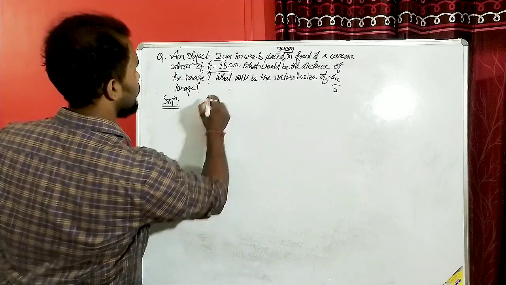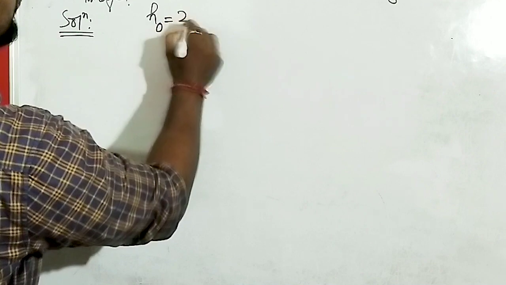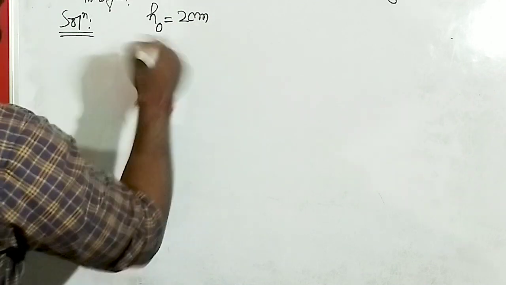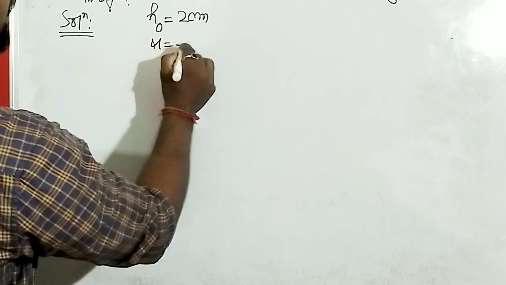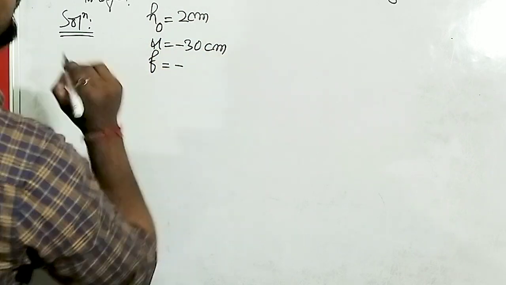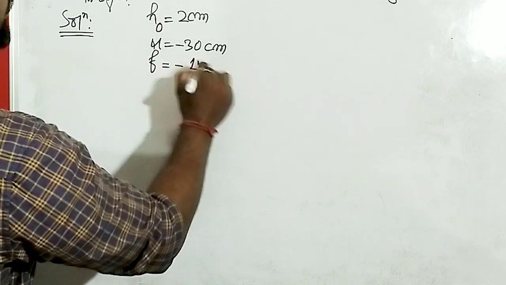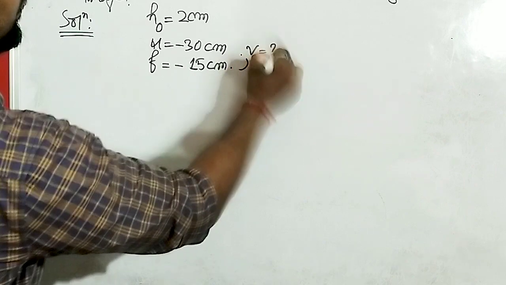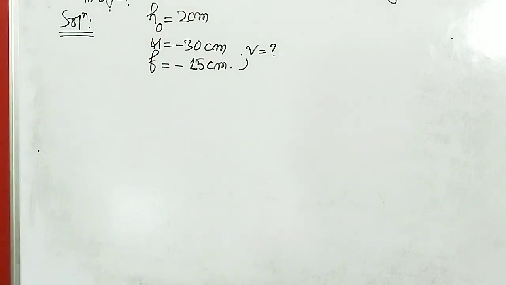So first we will write down ho as given, 2 centimeter. Object height is always positive. Since it's a concave mirror, u will be minus 30 centimeter. Again, f will also be negative because it is a concave mirror, so it is minus 15 centimeter. We have to find v.